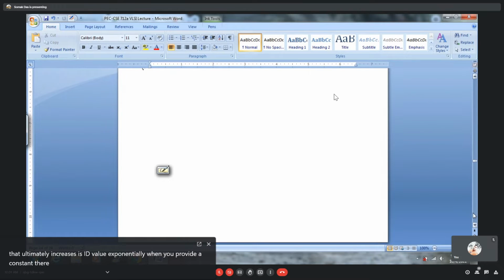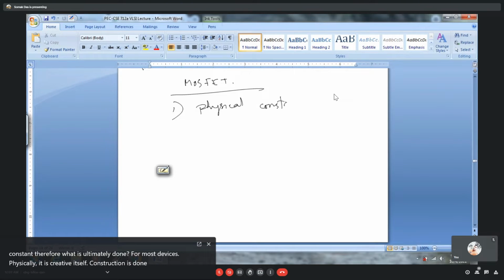Therefore, what is ultimately done for MOS devices? First, physically it is created, physical construction is done. Then provide a VGS, gate to source potential.